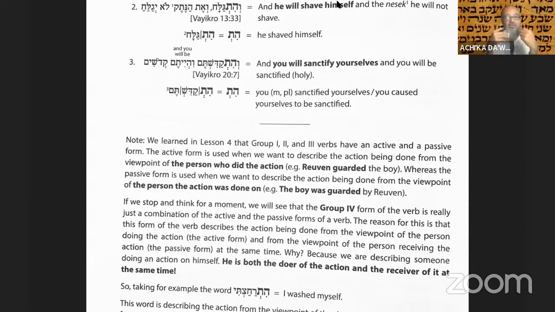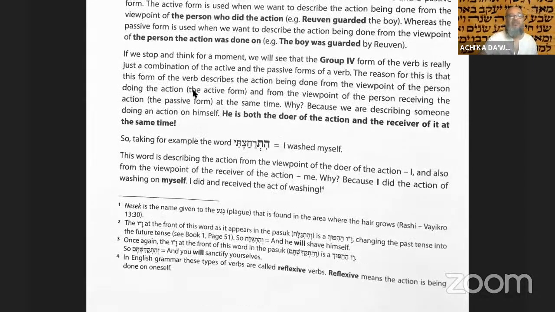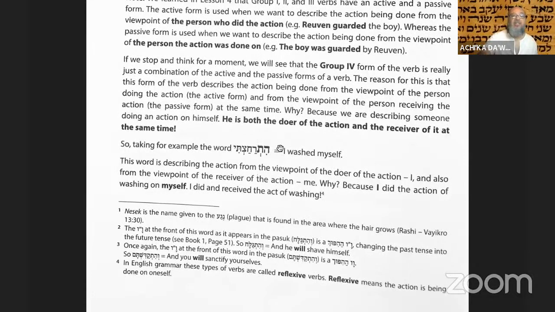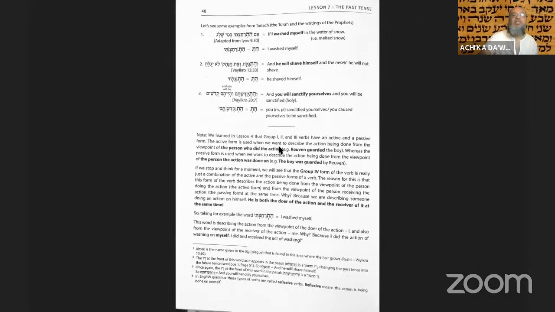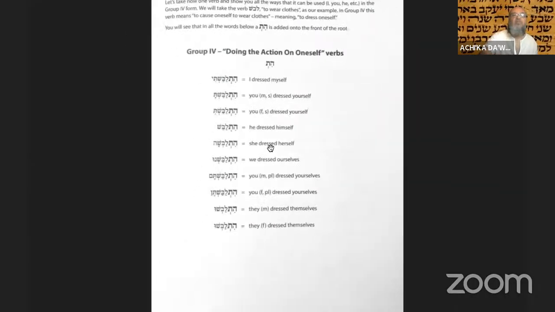So you're doing the action on yourself, and you're receiving the action you're doing, and that's called a hitpael. Because we're describing someone who's doing an action on him or herself, he is both the doer of the action and the receiver at the same time. That's why he says, I washed myself, I clothed myself, and all that is those 2 letters. That's all it is. Let's keep it simple. Let's keep it vanilla. Let's not make it too hard.